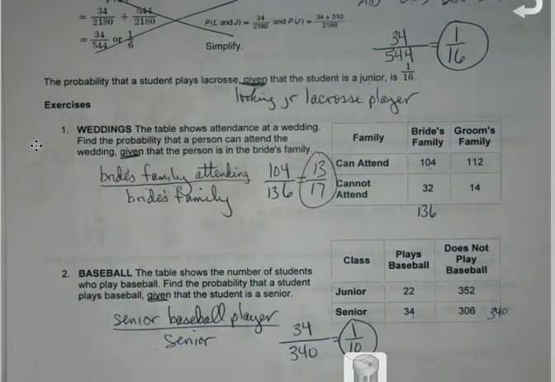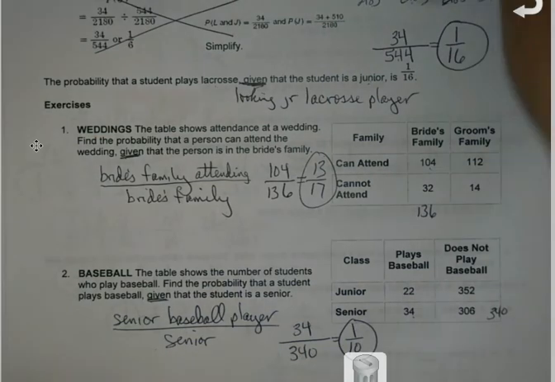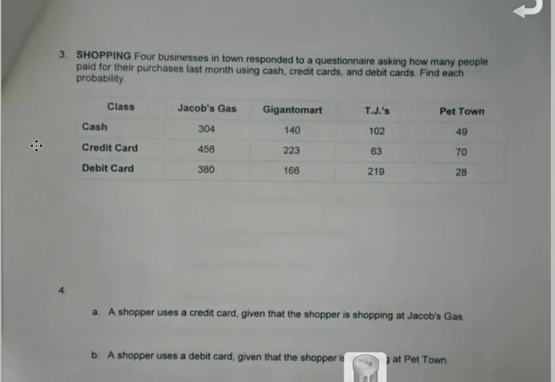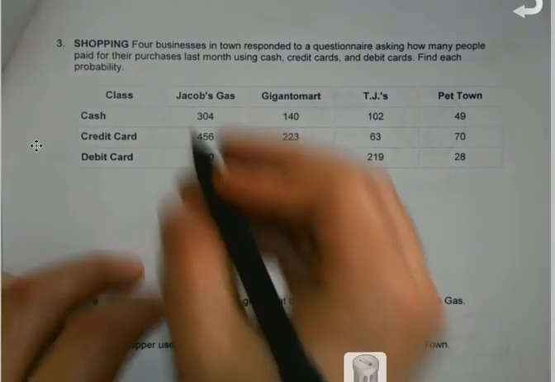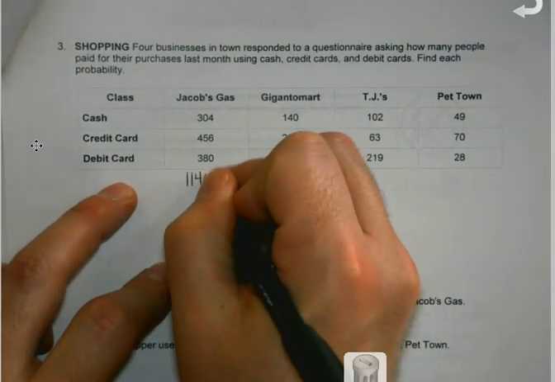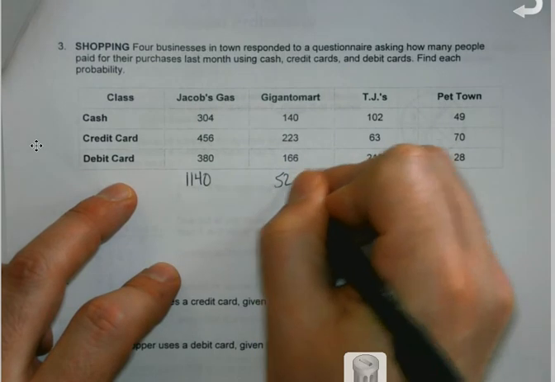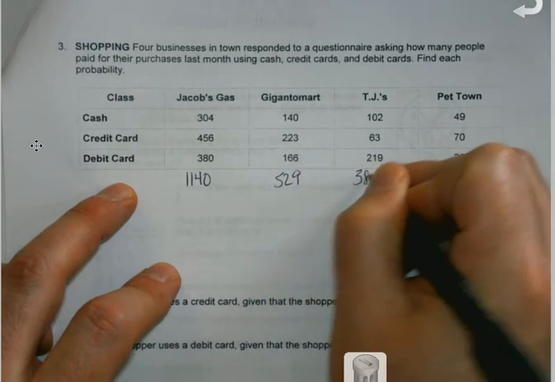As we hit this last page, I'm going to do letter A on number 4, and then I want to give you one situation that you could run into on the homework that may be a little different from what we're seeing here. So, okay. Number 3. Just like we did before, we need to know how many people total are working here. So I'm going to give you all the numbers so we can keep life a little bit simpler for us here.